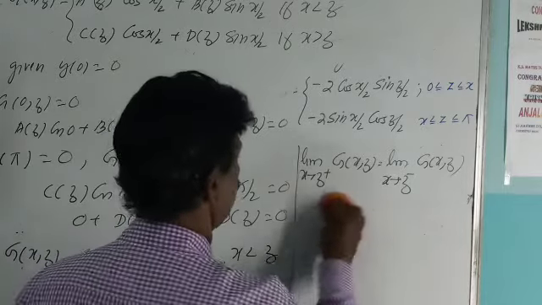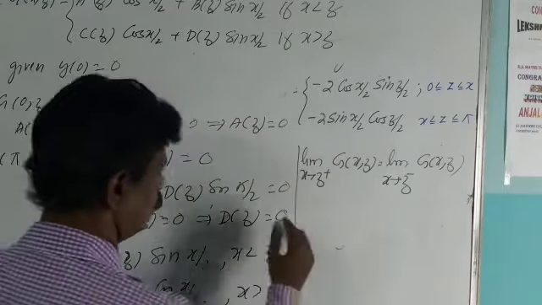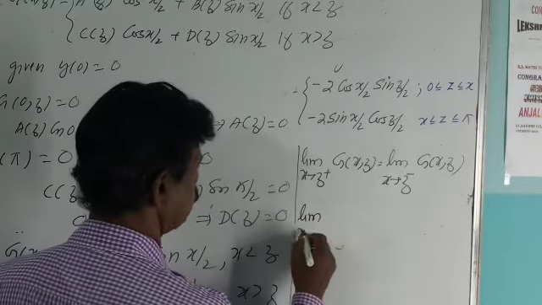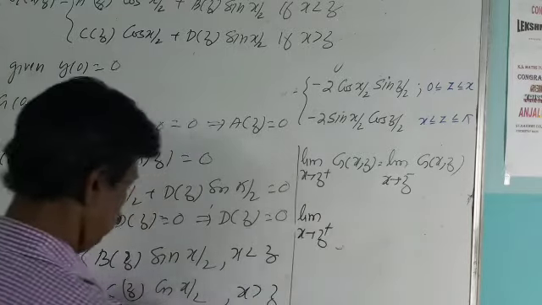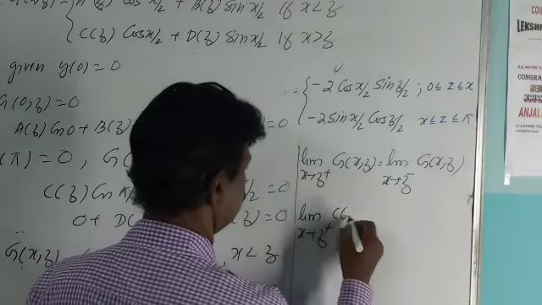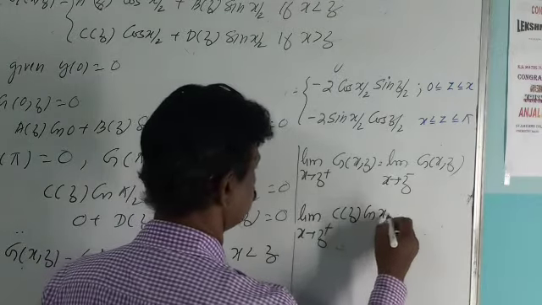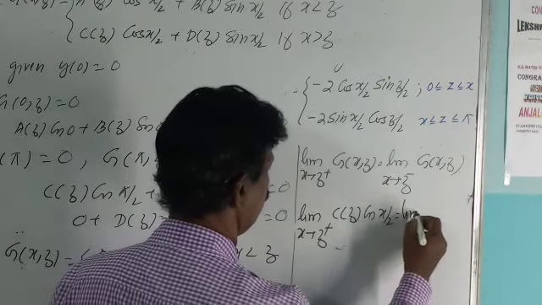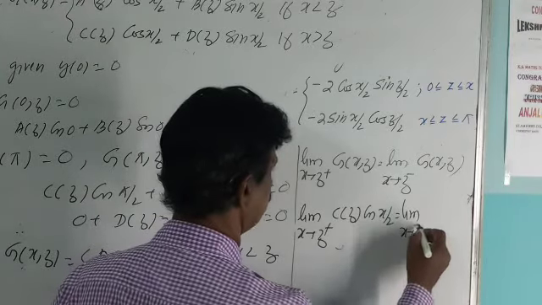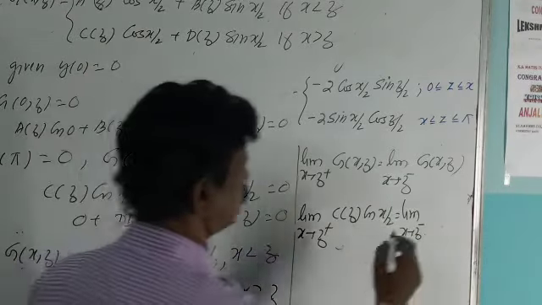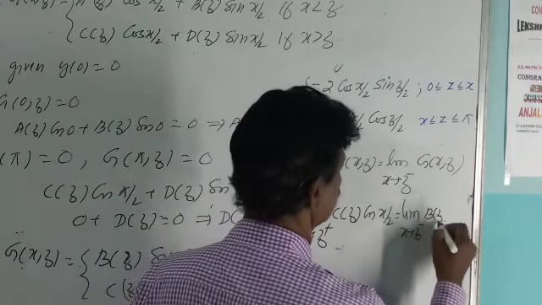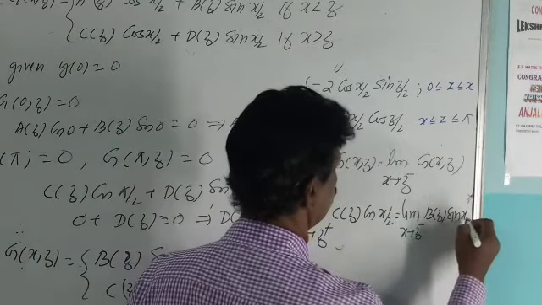That is limit x tends to z plus c z cos x by 2 equal to limit x tends to z minus b z sin x by 2, where b is sin x by 2.